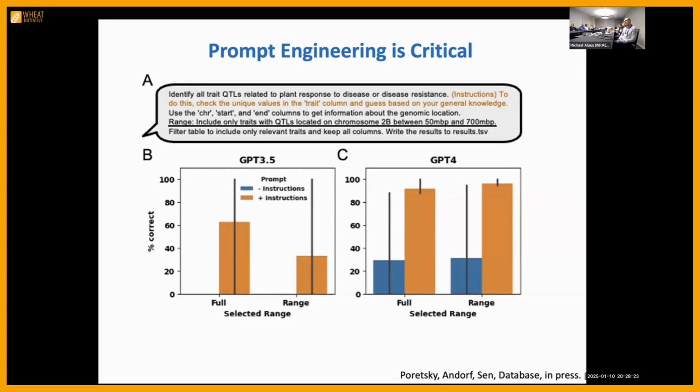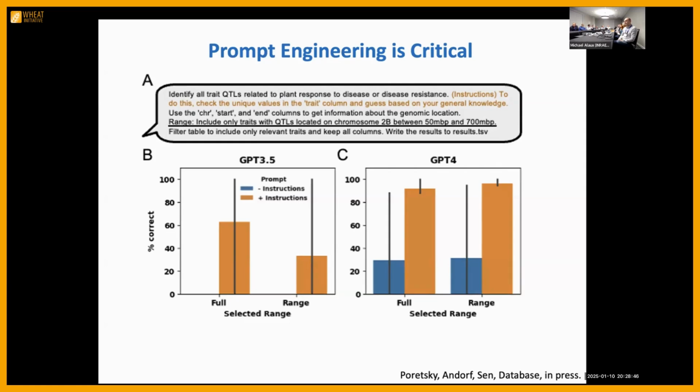Here we say identify all QTL, trait QTLs, and then we provide some kind of instructions. That's the orange part. Then there is the underlined part: range, include all the traits with QTL located on such and such area. So that's the instructions and range.